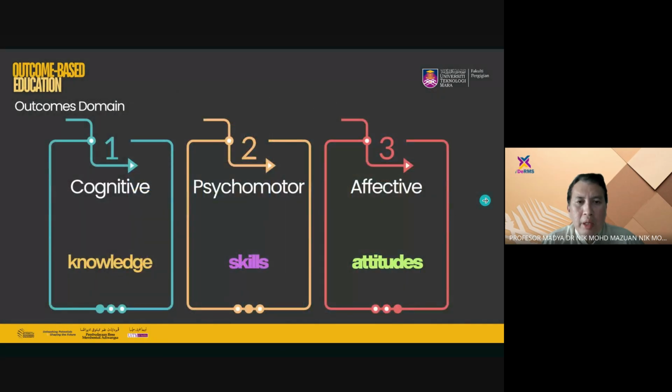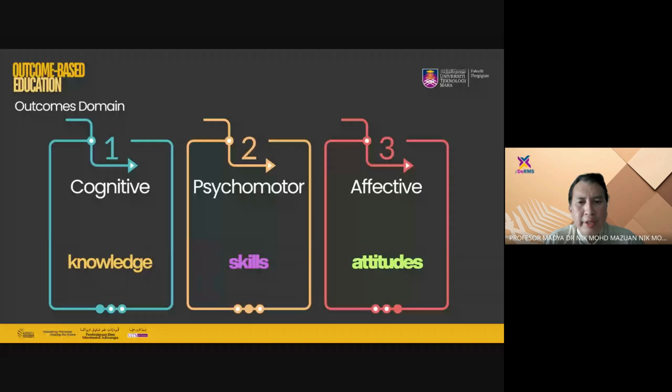Okay, next. When we do the learning outcomes, the domains I mentioned to you are the learning domains. We follow Bloom's. All of you have heard Bloom so many times. Just to show you, the outcome has to use Bloom's learning taxonomies, and we divide it into three sets: cognitive, psychomotor, and affective.